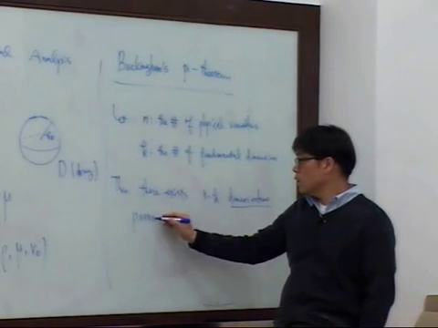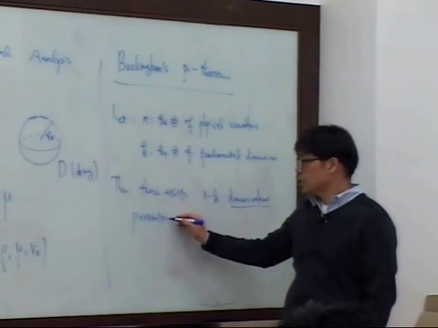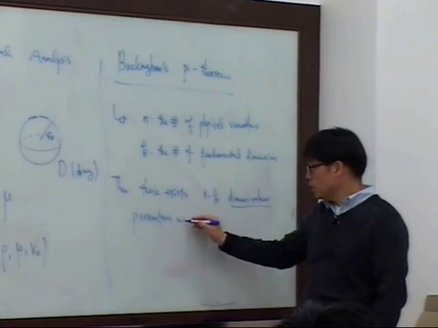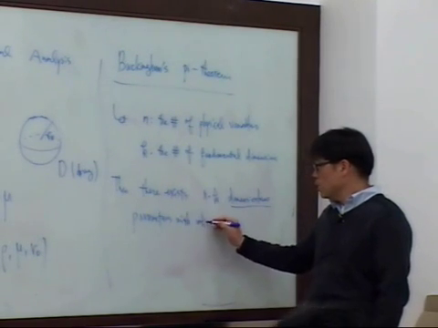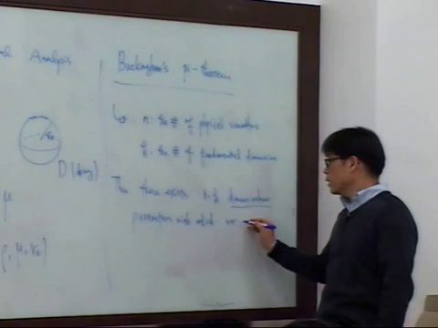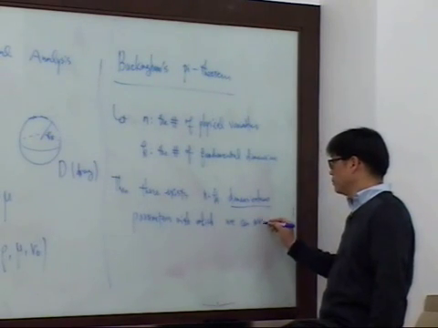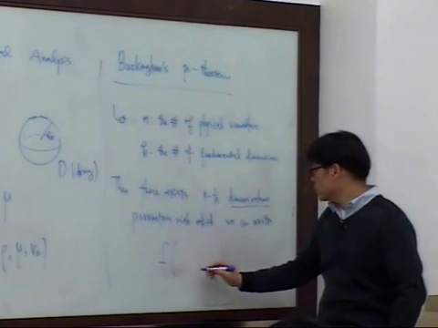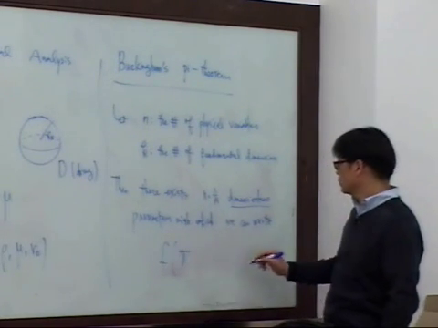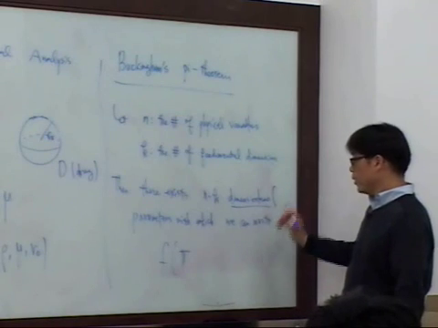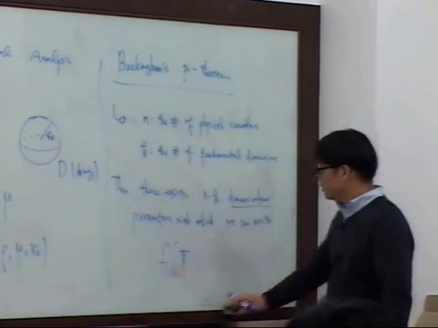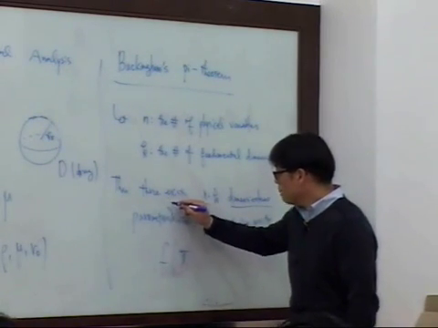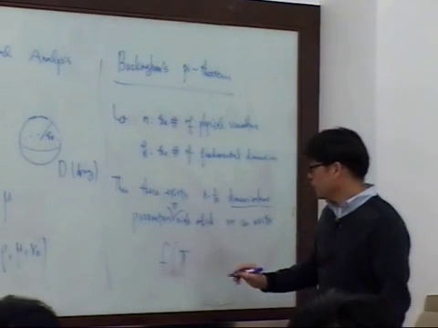Parameters with which we can write some function f that depends on them. So dimensionless parameters, or dimensionless variables, we call pi.